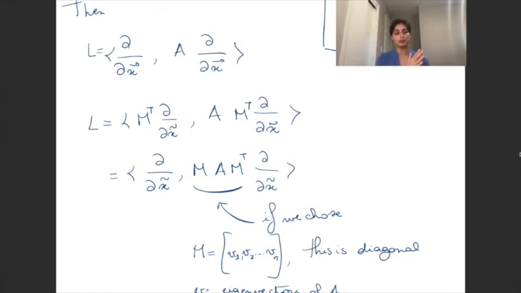So now we have a new representation of our linear differential operator L, that is an inner product between delta over delta x tilde and m times A times m transpose delta over delta x tilde. And in this product, we can choose m to be a matrix with eigenvectors of A to make m times A times m transpose a diagonal matrix. And we can do that because we know that A is symmetric and we know all the nice properties that A has.